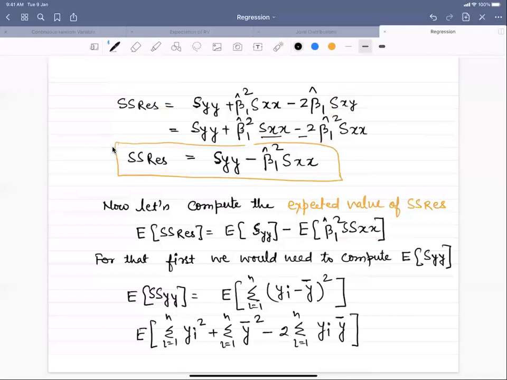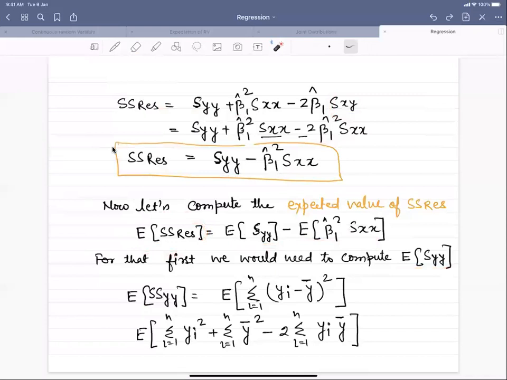Again, it's simply single x, just to differentiate it from the sum of squares of residuals. For that, first we would need to compute the expectation of Syy, because we need to compute this, and then we will compute the expectation of this. Then we can compute the expectation of the sum of squares of residuals.